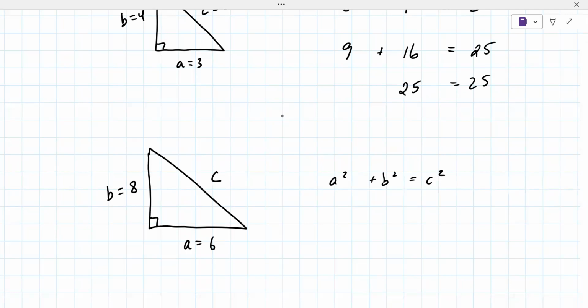A equals 6. C. Let's see, so 6 squared plus 8 squared equals C squared.